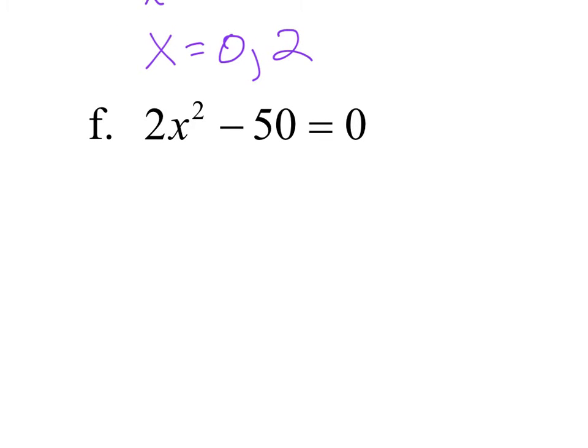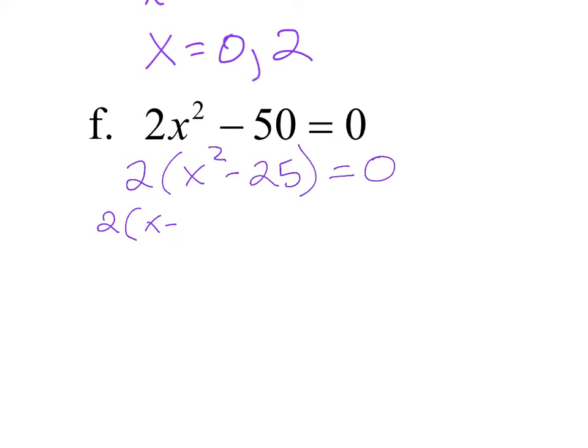All right. I can factor out a 2. I'm left with x squared minus 25. Whoops. Hopefully you see that that's a difference of squares. So I've got x minus 5 and x plus 5, and that's going to equal 0.